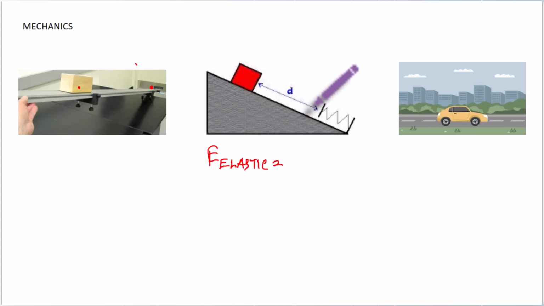Okay, when it decompresses, this elastic potential energy is transferred to two forms, since while it decompresses, it goes up, right? So this elastic potential energy is transferred to the gravitational potential energy as well as the kinetic energy.